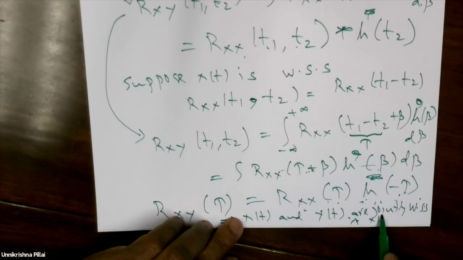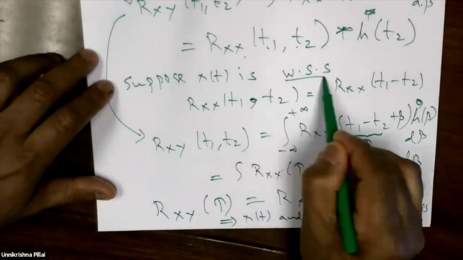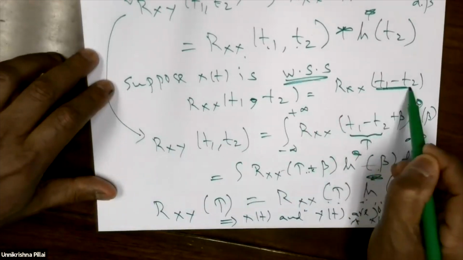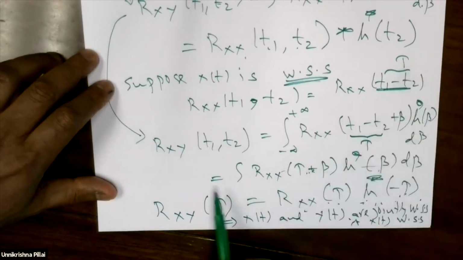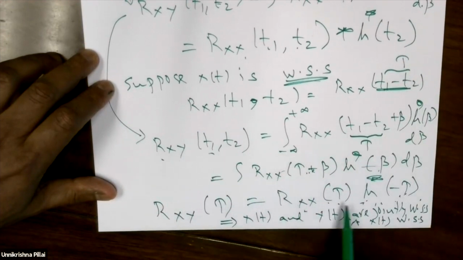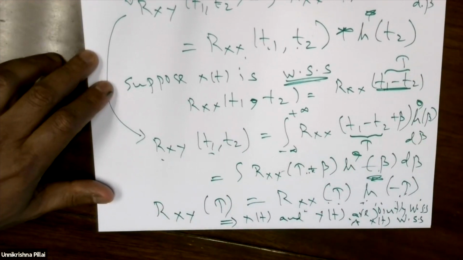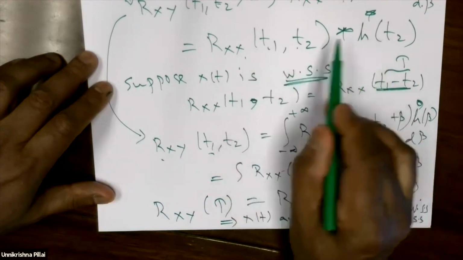If x of t is white-sense stationary, then we used it. This is only a function of tau, and then Rxy also turns out to be only a function of tau. Otherwise, we use this result.